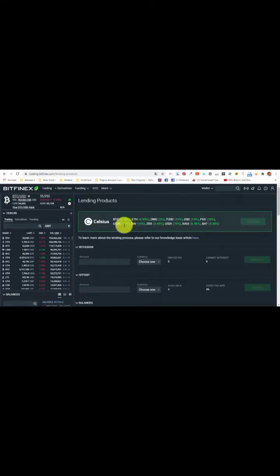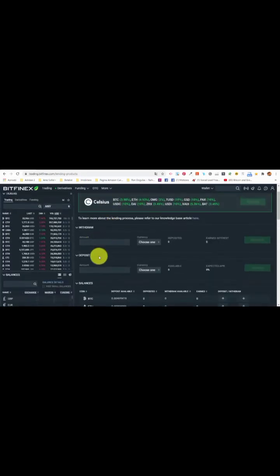This is not so important, but if we go to the left side, we have the funding, which has funding and lending pro, and we have the more section, where if we scroll down in the menu, we are going to see the lending products. If we click on the lending products, we are going to see all the currencies available for lending. And we can see here a few of them.